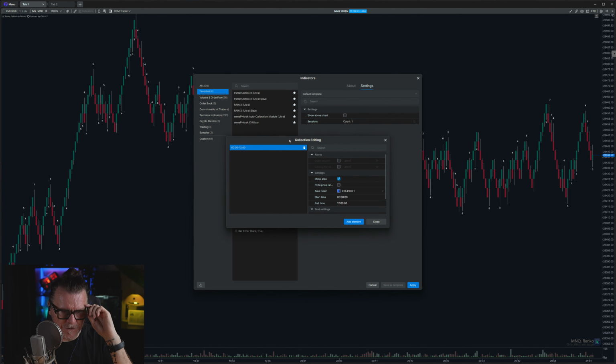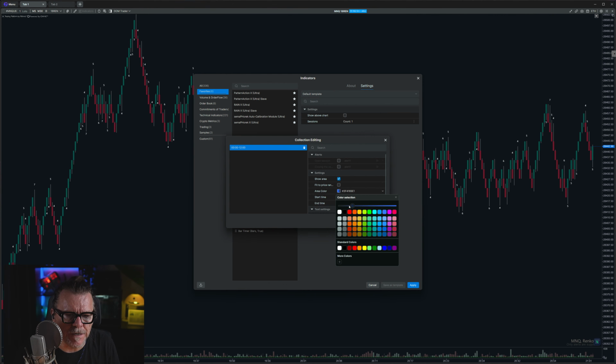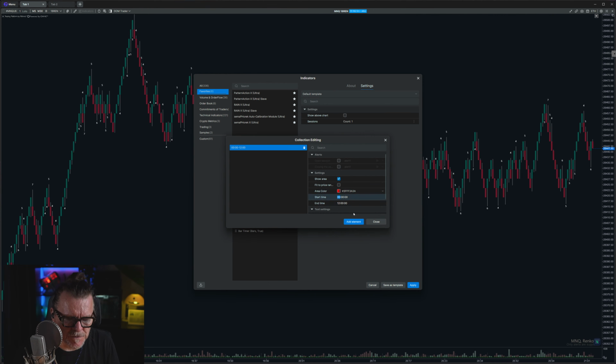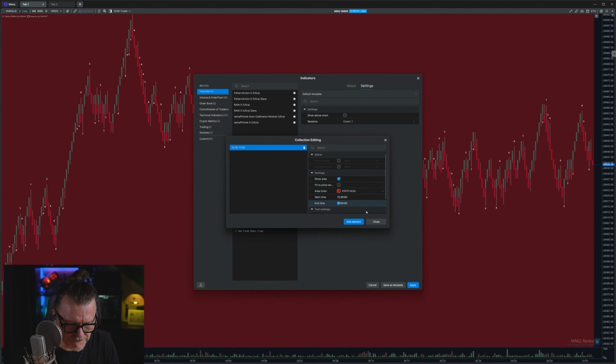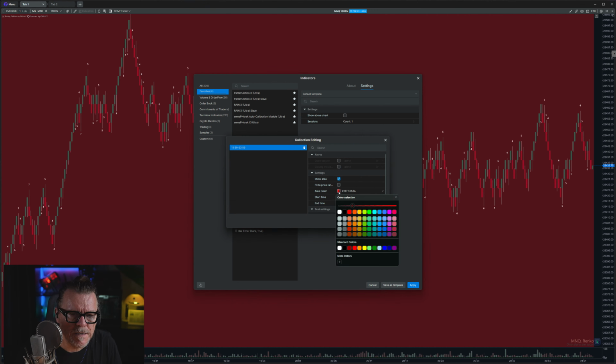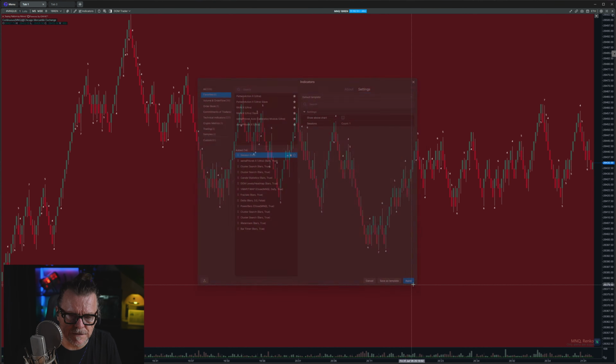Aha, they changed the settings. ATAS changed the settings. Show area, yes. No color. Red from 1530 to 2359. Like so. And it could be more transparent. Close. And that's it. Apply.